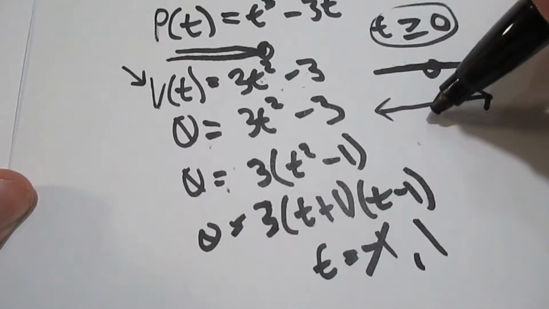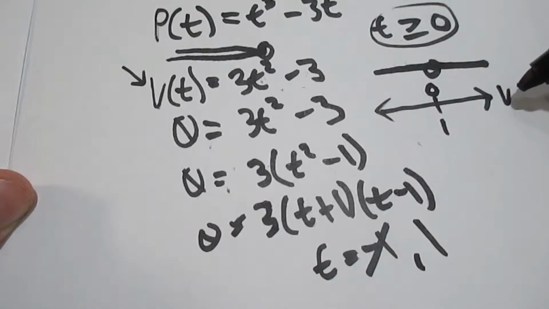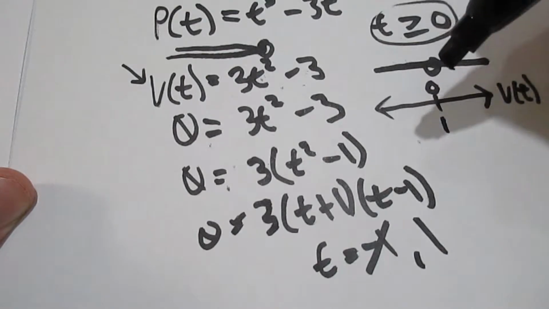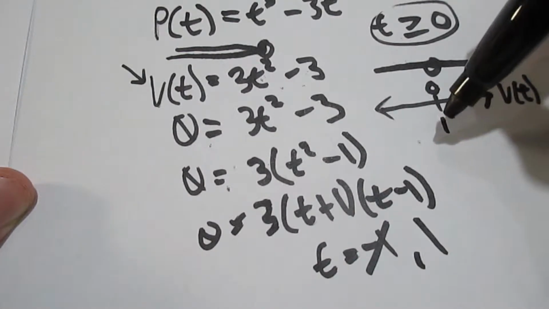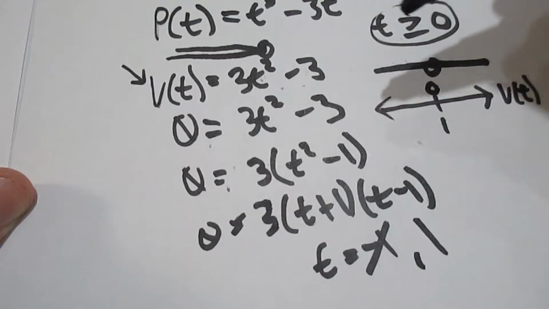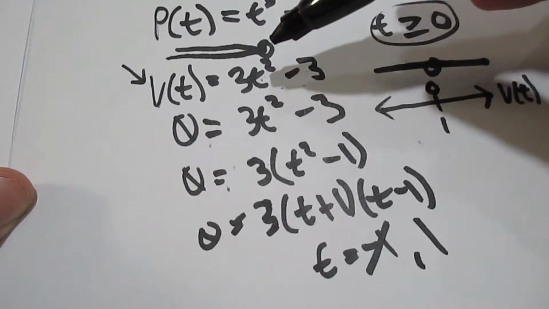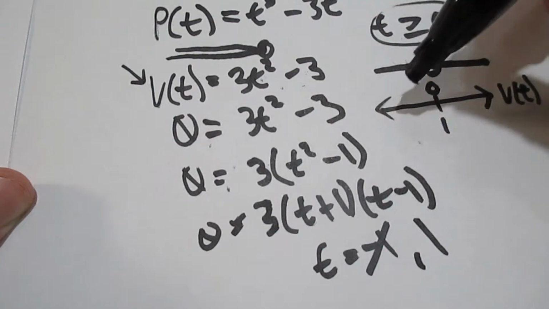We found that at 1 our velocity was 0. So label this as v of t. We've got to verify that this actually changes direction. If you plug in anything below 1, let's try 0. If you plug in a 0 to v of t, you should get negative 3. So it's actually negative right there.